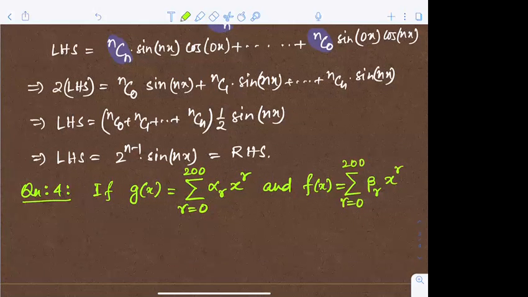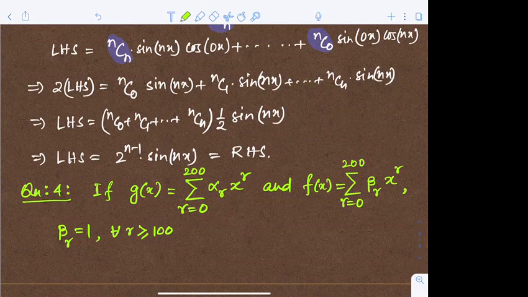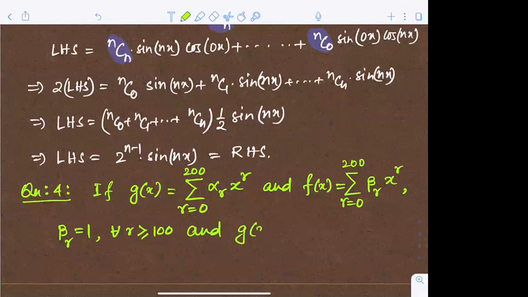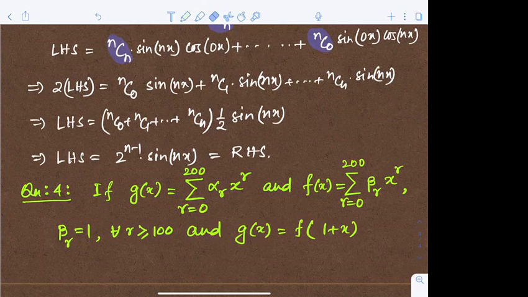And also it is given that beta r is equal to 1 for all r greater or equal to 100. The value of r is 100 or 101 and so on, the value of beta r will be 1. And it is also given that g of x is equal to f of 1 plus x. Okay, so many informations are provided here.